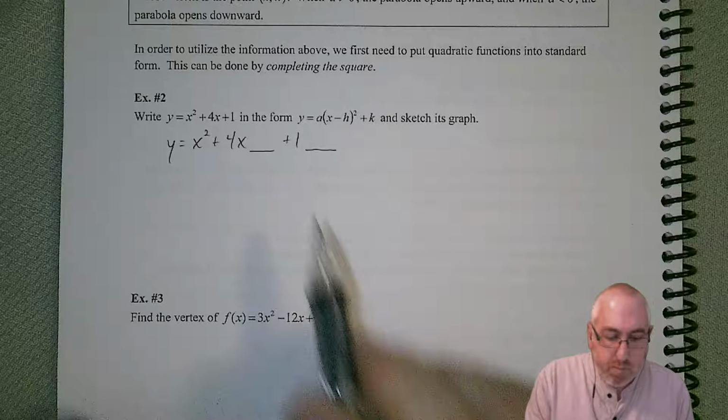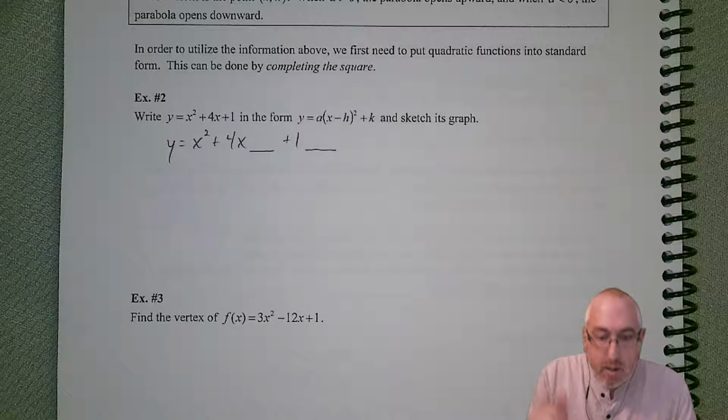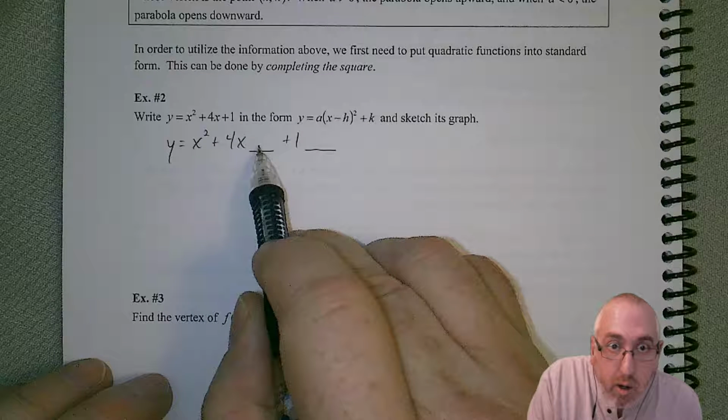The first blank is because you want to complete the square. You want to make this so that you can factor it and have it as a quantity squared. So the question is what goes in this first blank? How you determine that is based on this middle number.